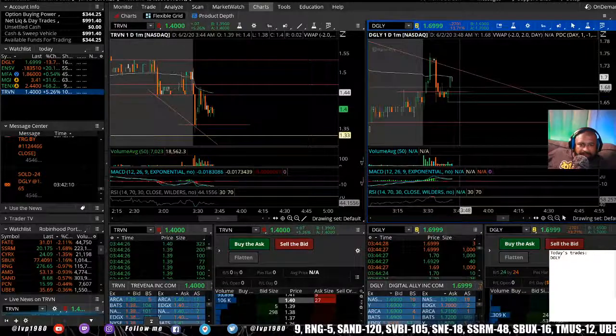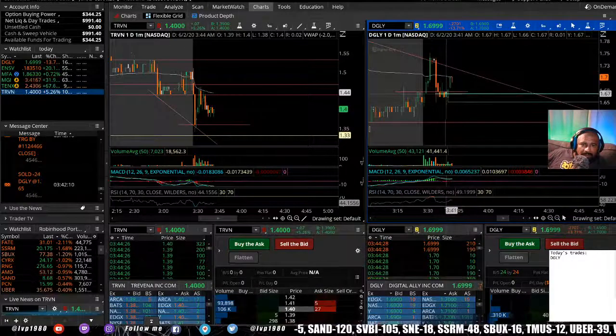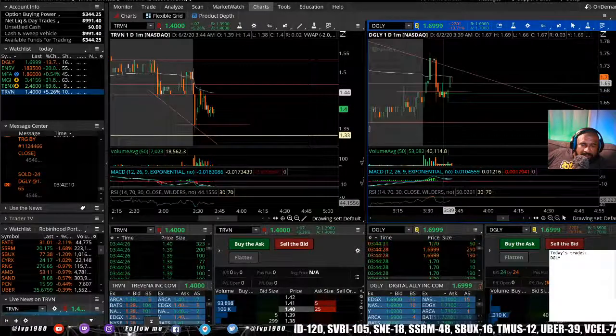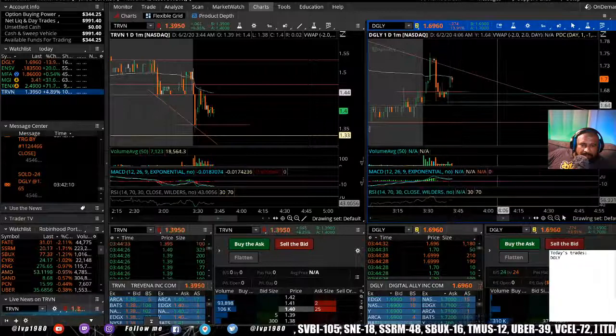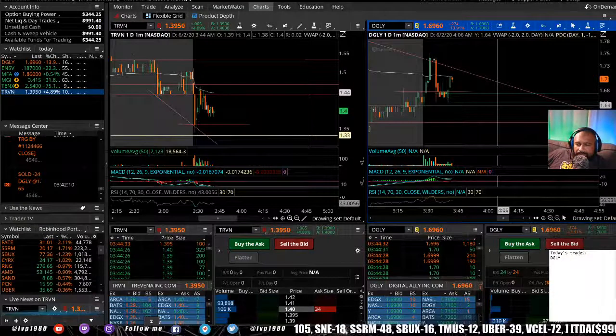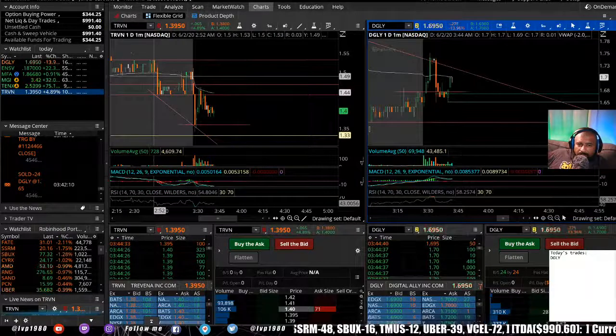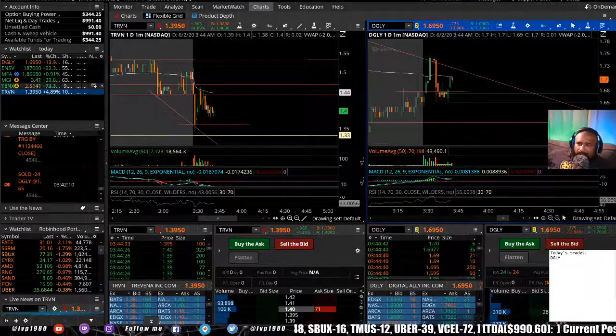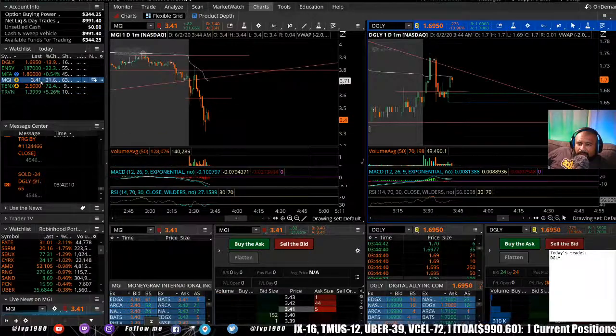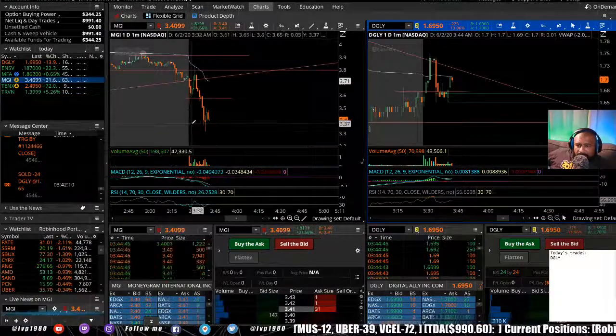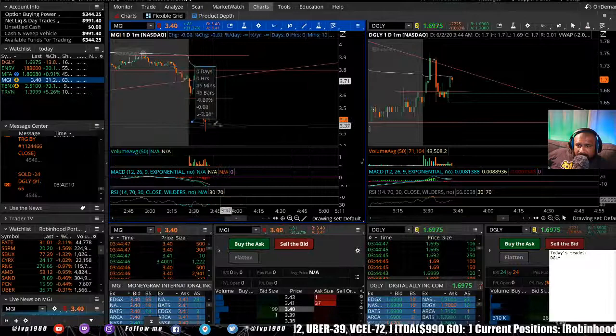So late though. Because after I bought, I guess it touched this area. So it got triggered. It's not cool. I wonder if this one's bottoming out.